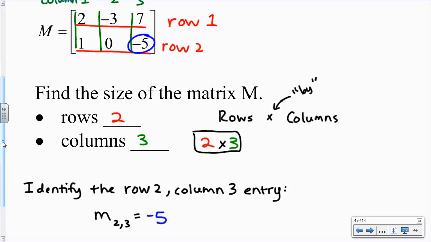So there's not a limit, but the size will matter when we go to do operations with the matrices. Okay. So that's kind of just the description on what a matrix is, the parts of it.